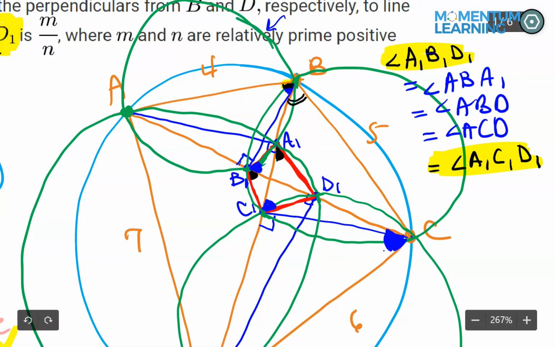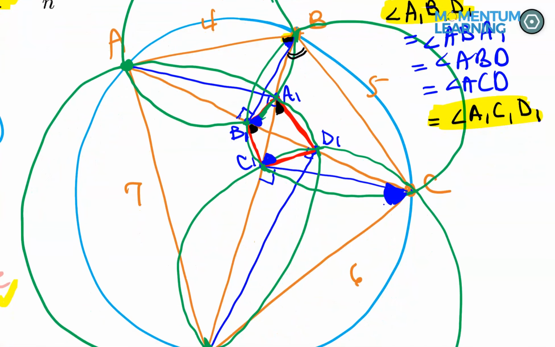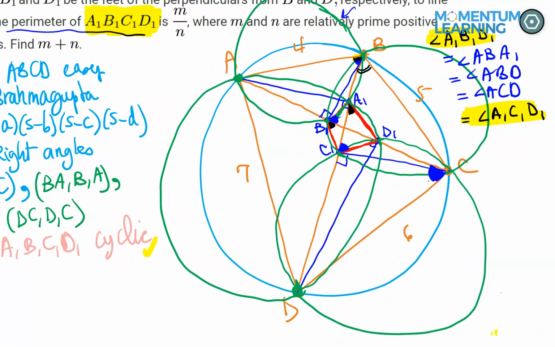C1A1D1 is, let me think about it. Yes. C1A1D1 is the same thing as, let's make it smaller again, DA1D1. It's the same thing.